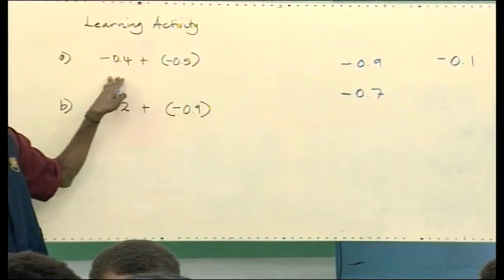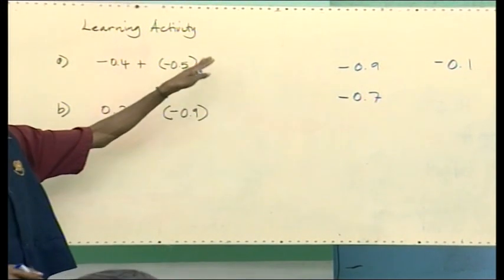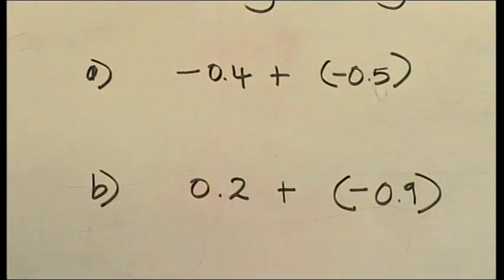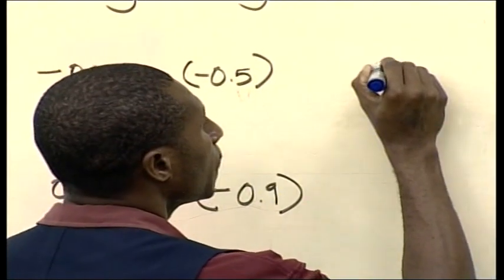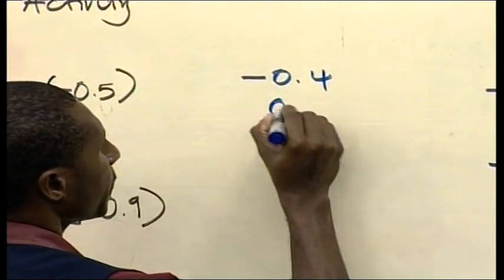Now when you have numbers like this, receiving students and 7s, it is best to have the numbers in a column. So we have negative 0.4 and negative 0.5.